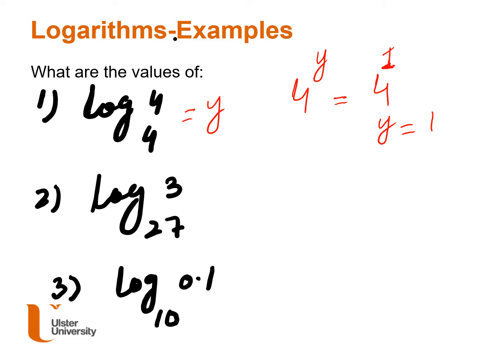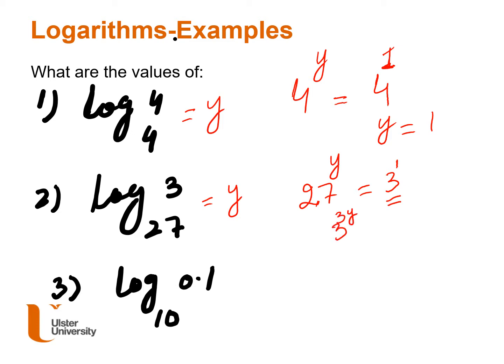log 3 base 27 is the number y such that 27 to the power y is equal to 3. We can simplify it a little bit. We got 3 here, the power for 3 is 1, and we can convert 27 into 3 to the power 3.